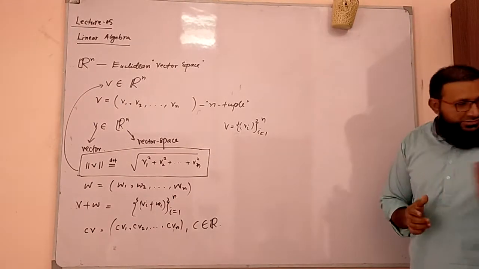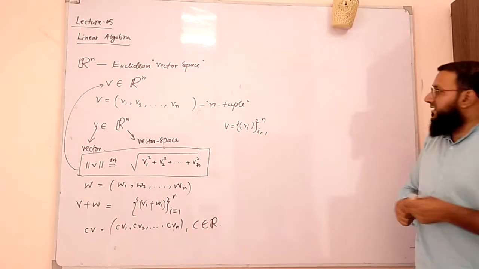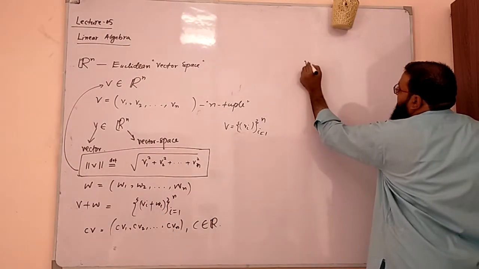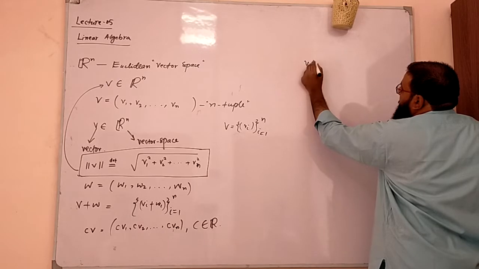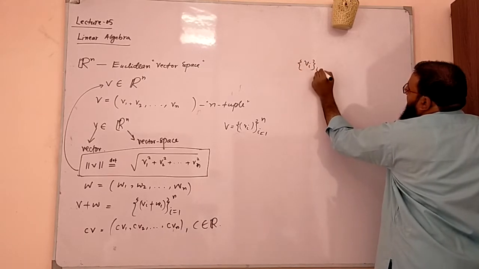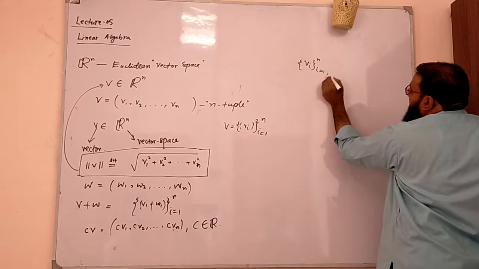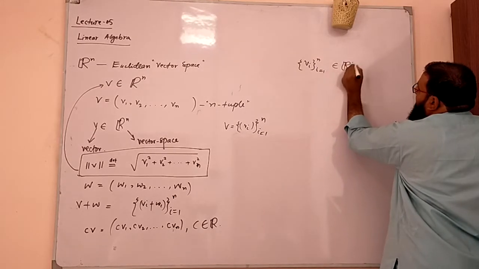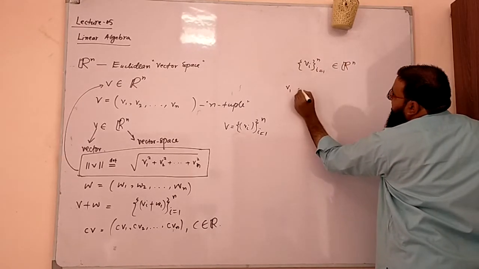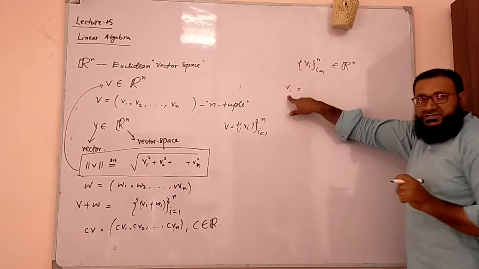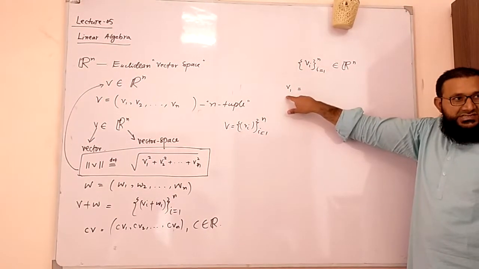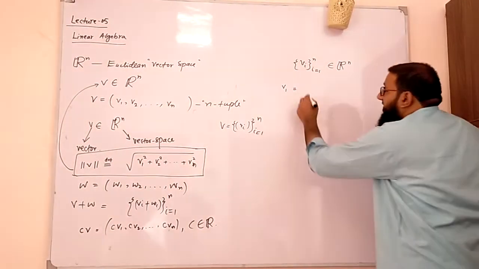Okay, so we have a set of vectors. Now I have some vectors vi, where i runs from 1 to n, and these are vectors in Rn. It means if you take a vector v1, now it's not a component, it's a vector. So what is the form of this?